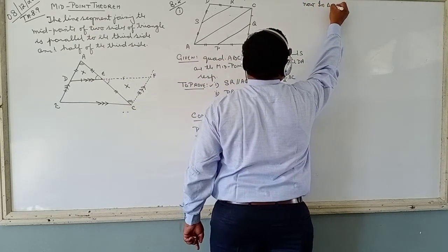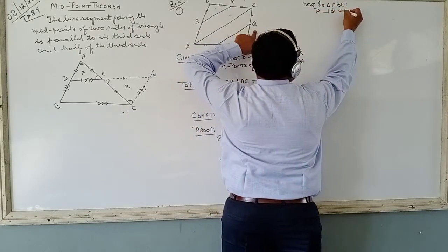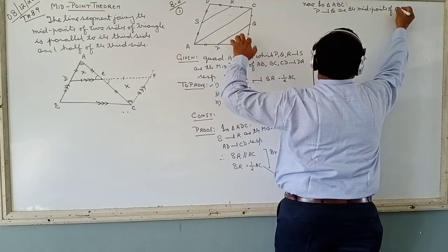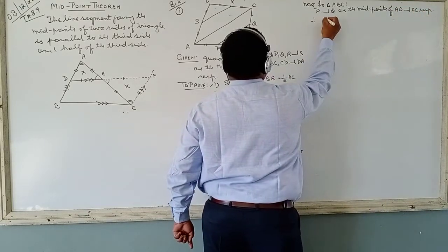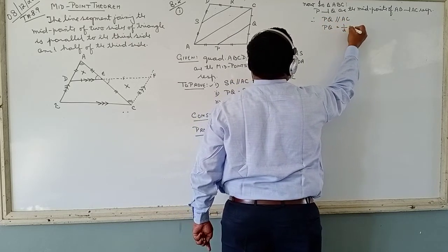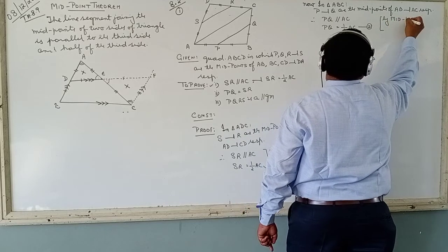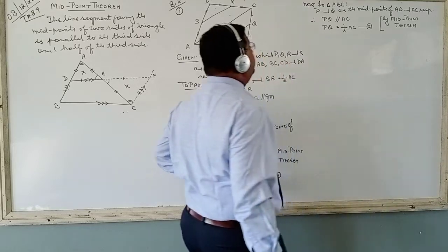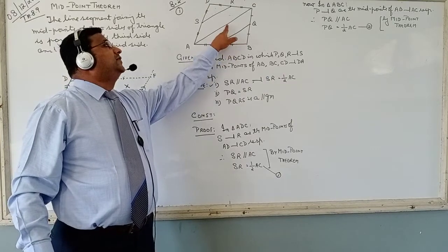Now in triangle ABC, P and Q are the midpoints of AB and BC respectively. So therefore, PQ is parallel to AC and PQ is equal to half of AC. Equation number second. Reason: by the midpoint theorem. The line joining the midpoints of two sides of a triangle is parallel to the third side and half of the third side.